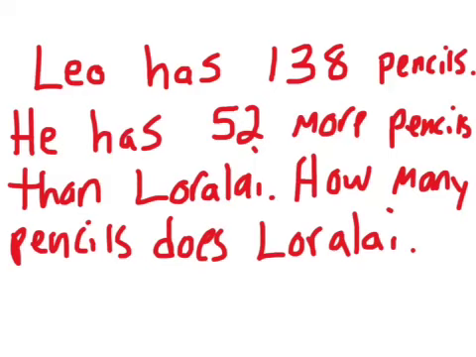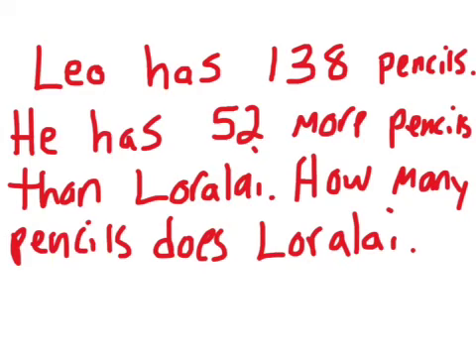So, if we use the same strategies that we talked about before, we're going to set up our comparison bars. I have Leo, L-E, Lorelei, L-O, and then I cover up the number that comes before the word more or fewer. Now, I'm going to cover it up, and then I'm going to be able to figure out who has more.